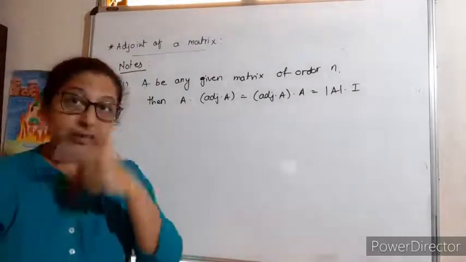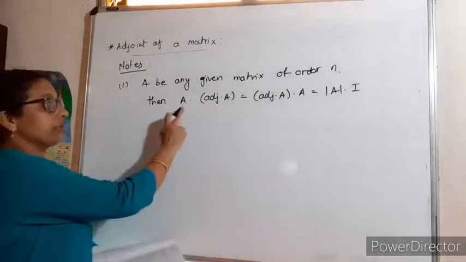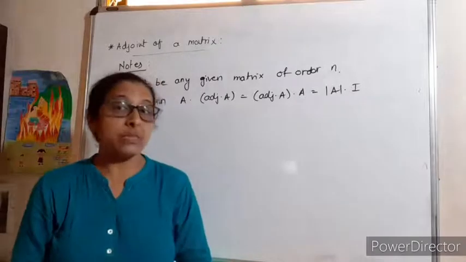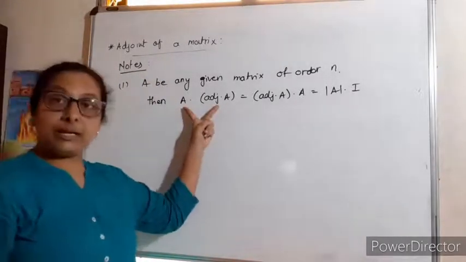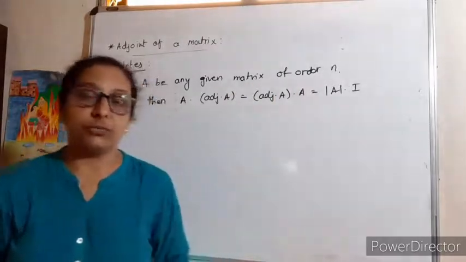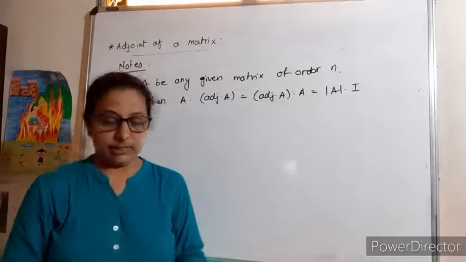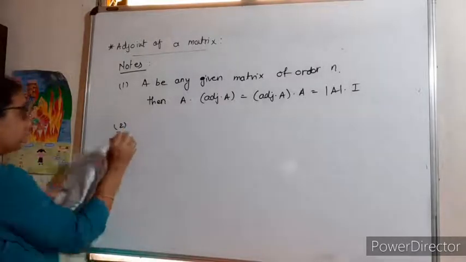You know that identity matrix, right? So whenever any matrix is multiplied with its adjoint, you know the matrix multiplication, you will get determinant of A into I, where I is the identity matrix. You understand this?